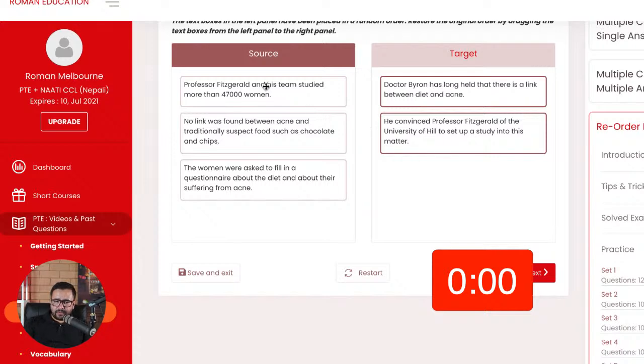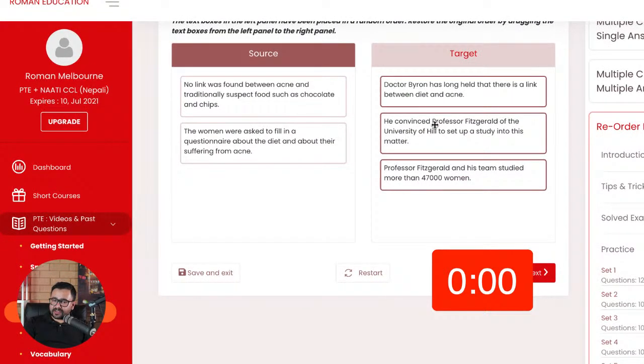Now, if you remember what I told you earlier, sentences containing similar words go together. Dr. Byron has long held that there is a link between diet and acne. He convinced Professor Fitzgerald, and "he" and Dr. Byron are the same person, to set up a study. Then Professor Fitzgerald and his team set up a study and studied.